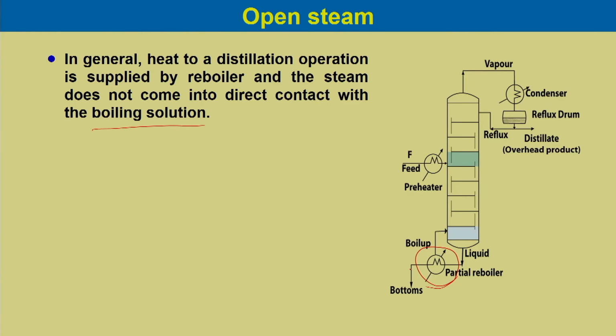The solution which is to be separated into the different fractions does not come in contact with the steam. The mixture or solution is heated, and part of that solvent is in the vapor, which is returned as boil-up to the tower at the bottom. So, in this case the boiling solution does not come in contact with the steam.